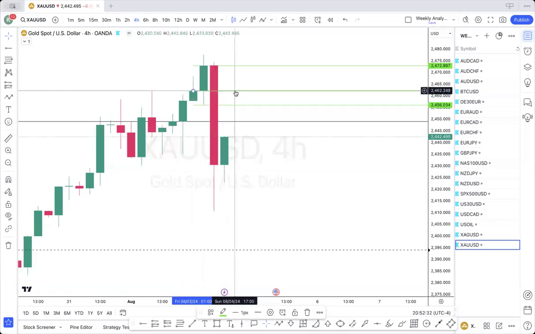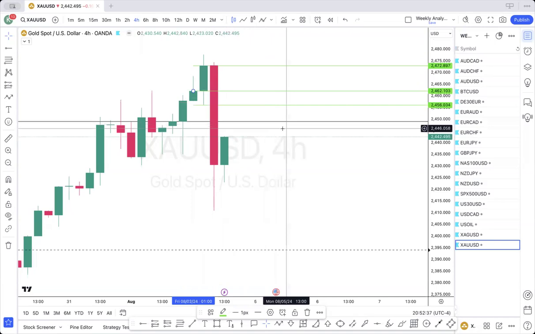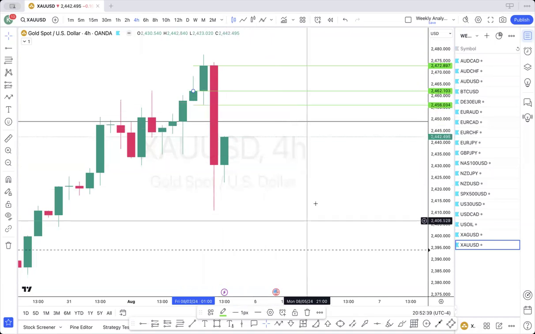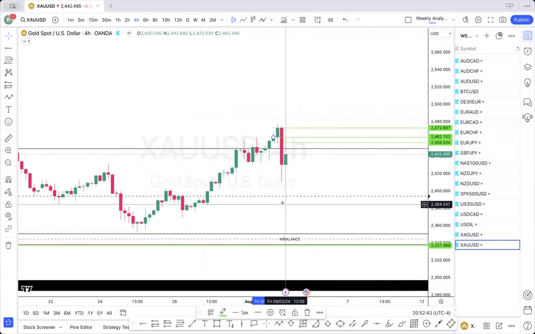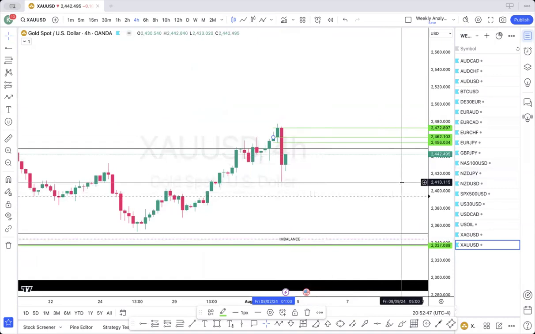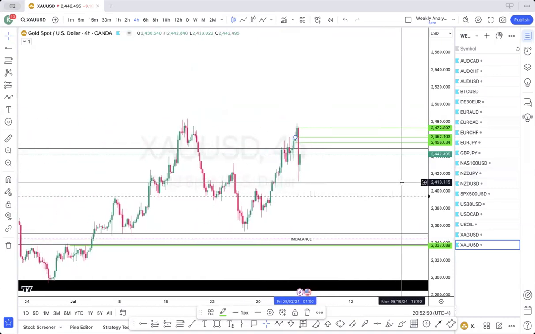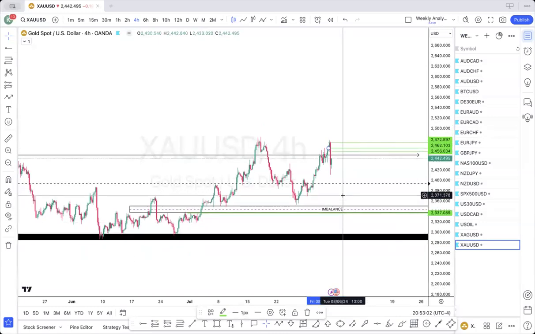Price can pull back to any one of these zones and then start selling back down. My guess is that price is going to push up and sell back down to this imbalance. That's my guess. The imbalance, it may even go back to my key level, 2,300.